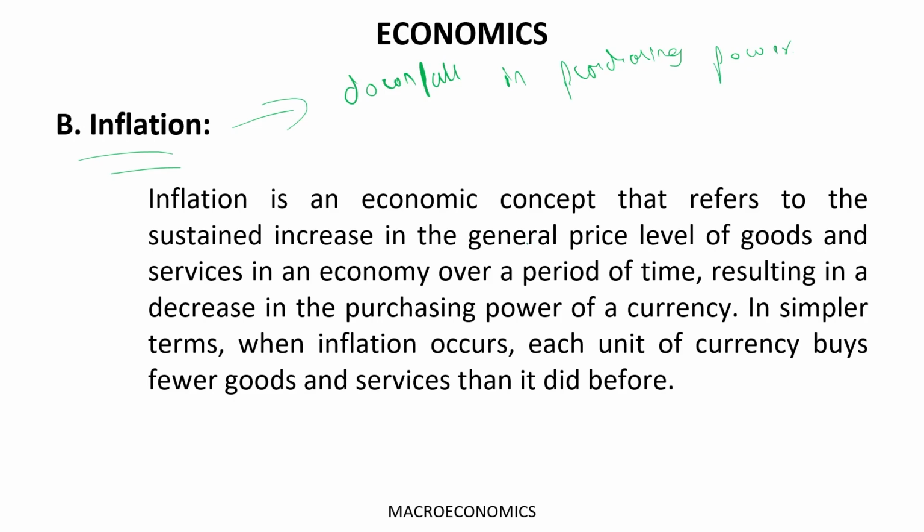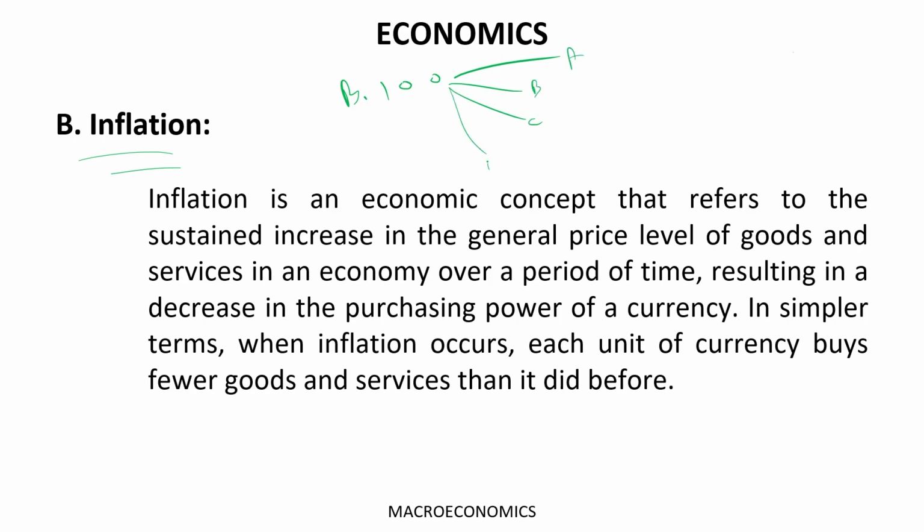Whenever there is a downfall in purchasing power, it is inflation. And how can we justify it? Basically, if you are earning 100 rupees, with 100 rupees you can buy 4 items: item A, item B, item C, and item D. Each of them is rupees 25.